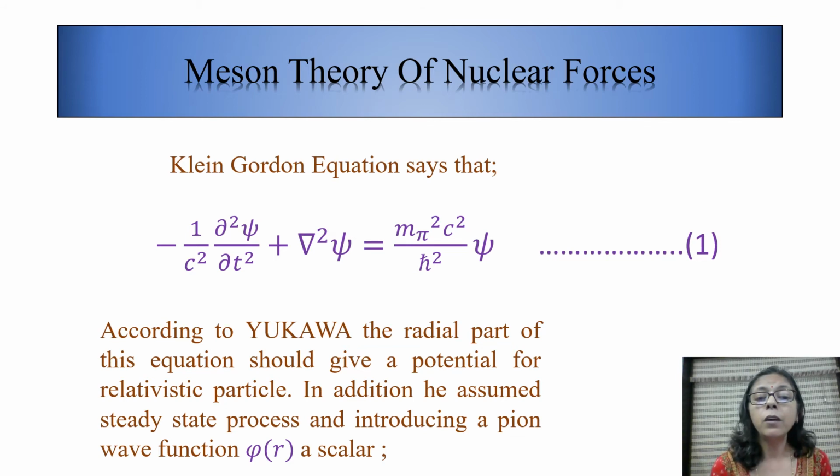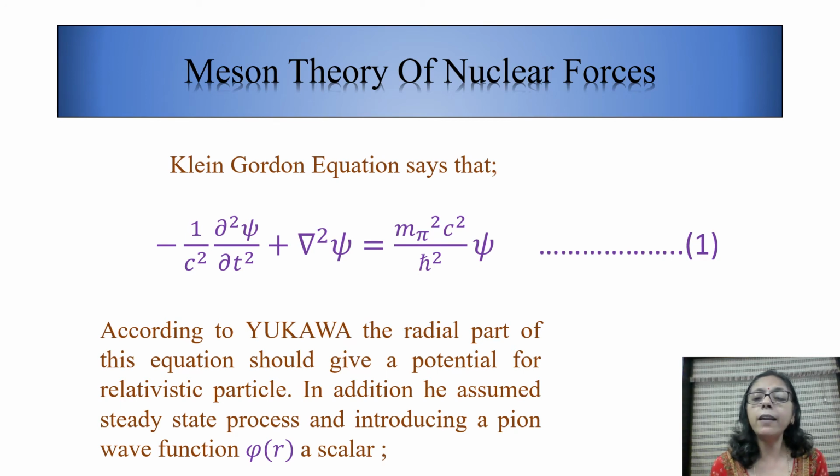In addition, Yukawa also assumed the steady state process and introduced a pion wave function phi r instead of psi r t. In the above equation, which I have named as equation 1, the wave function psi is a function of r and t both.